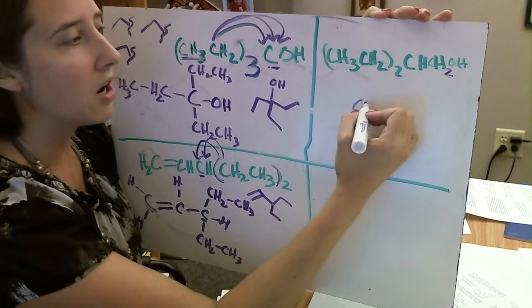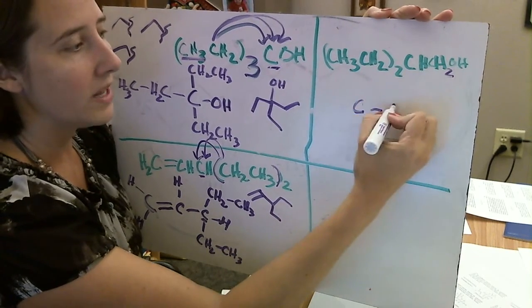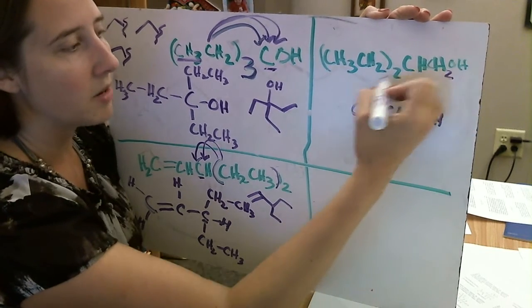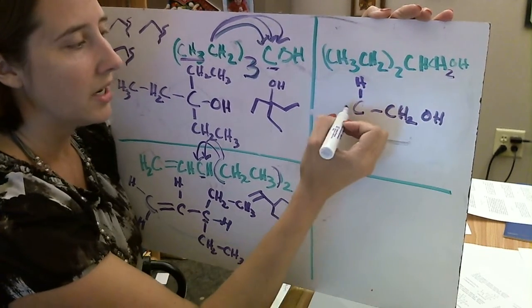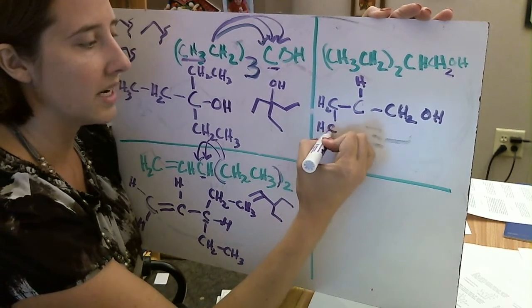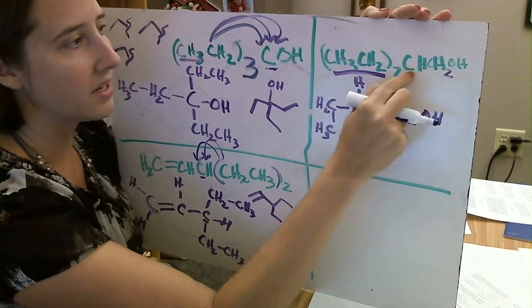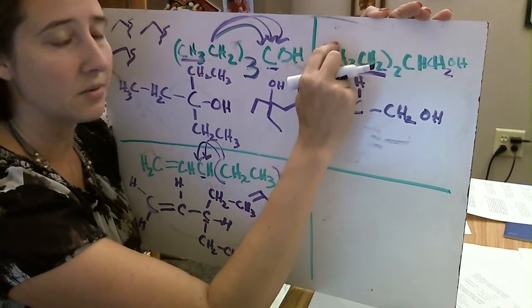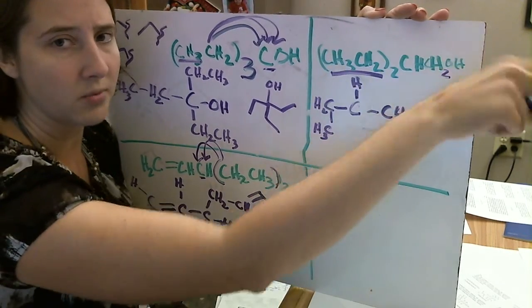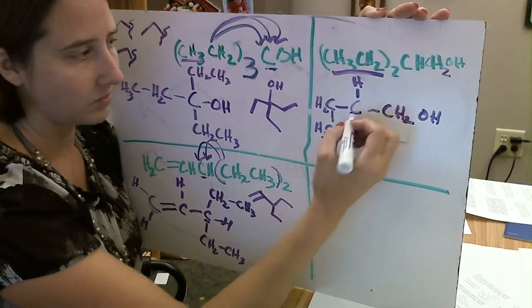Yeah. A carbon here with a CH2OH off of it. That carbon also has an H, and it has a CH2 connected to a CH3. As I'm told here, this carbon is connected to a CH2 connected to a CH3. You can see how I can follow a condensed structure both left to right or right to left.